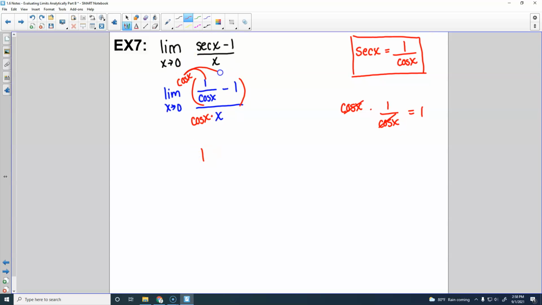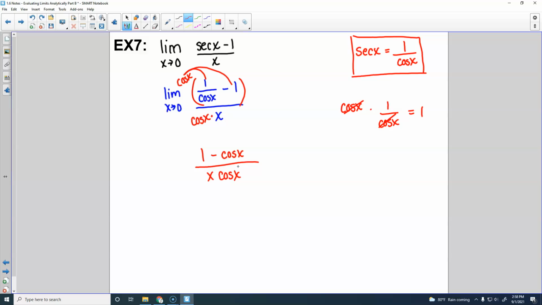And then I'm going to do cosine x times the negative 1, which is going to give me minus cosine x, over x times cosine x. I like doing it this way whenever you've only got one denominator because you don't have to do the flip and multiply part. But if you do common denominators, flip and multiply, like we were doing like number 62 and 61 back there, it'll get you the same answer.